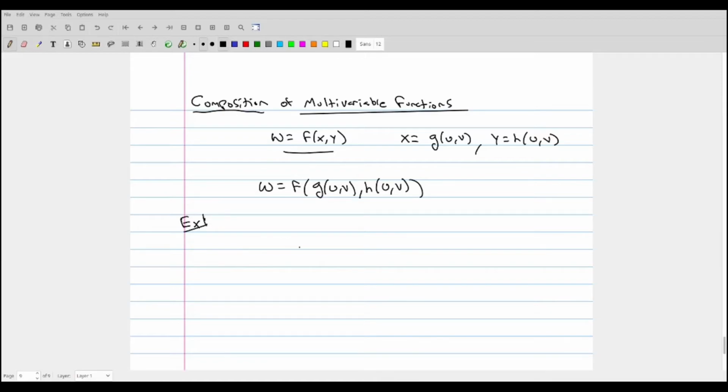So for example, let's just take a specific example. Let's say f of (x, y) is the function x squared minus y squared, and then maybe x is equal to u times v, and y is equal to e to the u plus v, just to make it a little bit different.